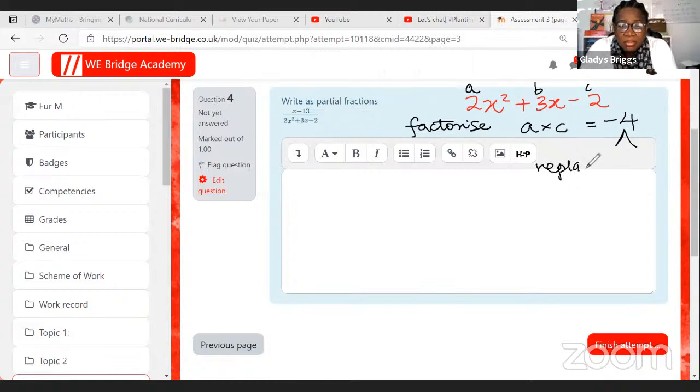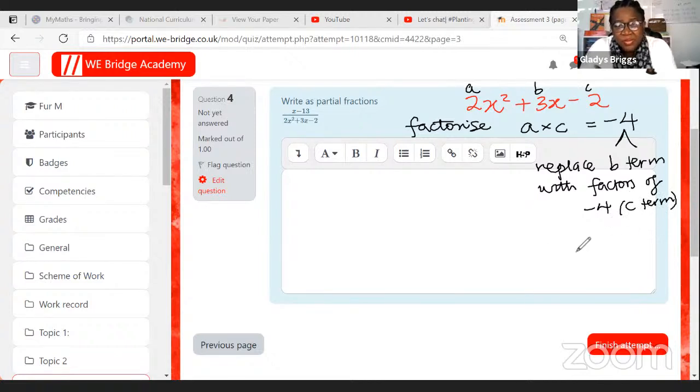Replace the B term with factors of -4, the product AC. So -4, you can have what? 2 times -2, or -2 times 2, yeah?